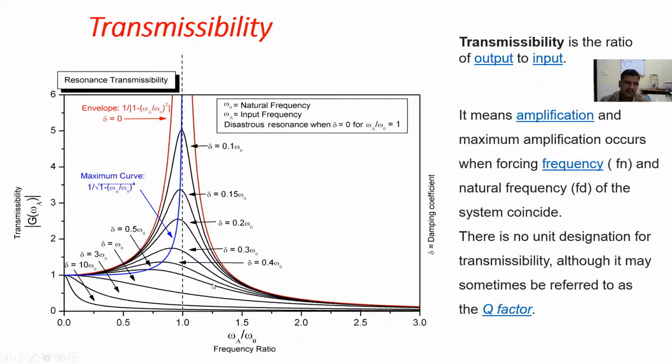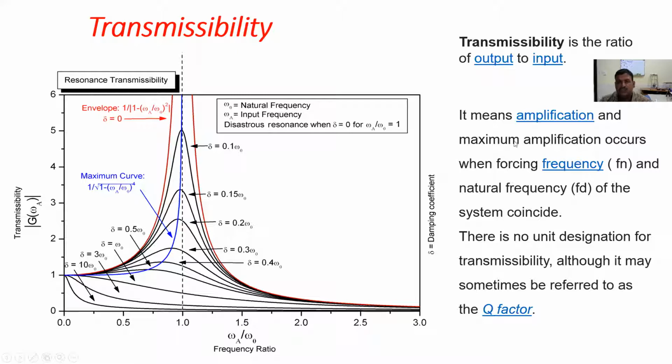Usually transmissibility, if you see the figure, will always be higher than 1 in case of resonance or near resonance frequency. So you can see maximum amplitude will be higher, our transmissibility will be higher at the resonant condition. This is my resonant condition where operating frequency becomes equal to the natural frequency.